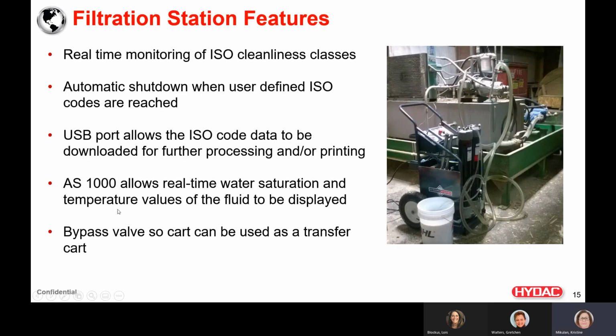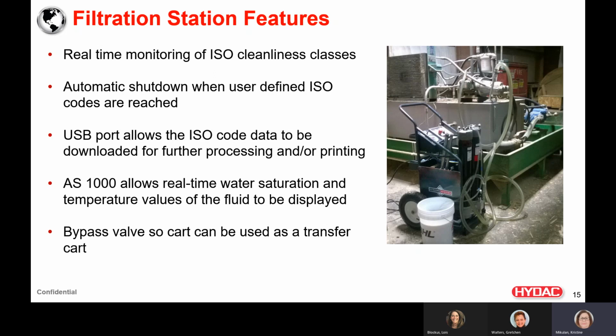Some features of this unit are the real-time monitoring of ISO cleanliness classes, so the user will know that the oil in their hydraulic reservoir is clean. The automatic shutdown mode when the user-defined ISO codes are reached is very important, because they could set the filter cart up at the end of the day with their programmed ISO code in there.